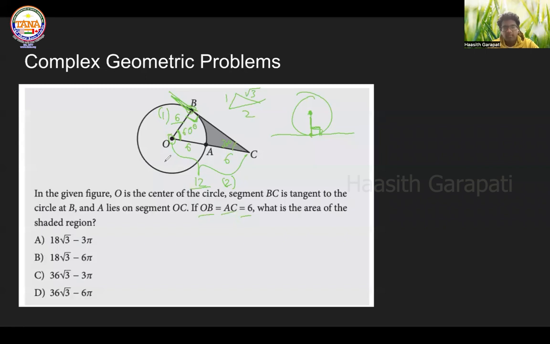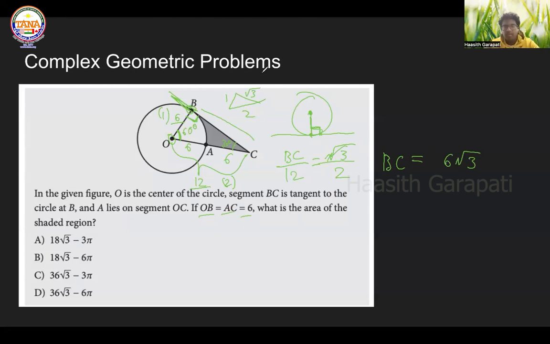And if we know the side lengths of BO and OC, we can find the side length of BC, this one over here, by simply doing, let's just choose the hypotenuse, BC over 12 is equal to root 3 over 2. So BC is equal to 6 root 3, right?